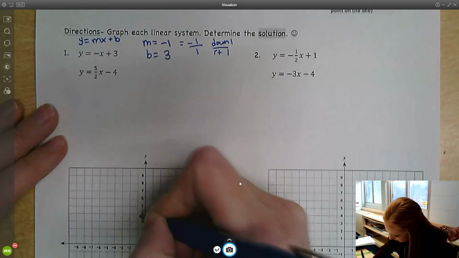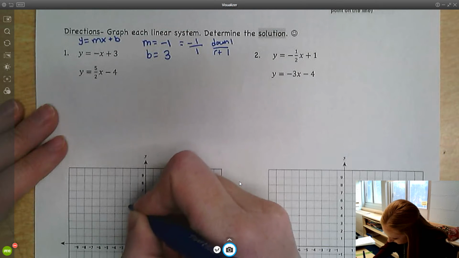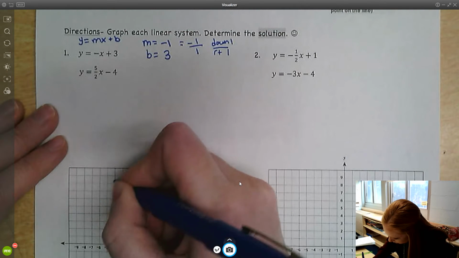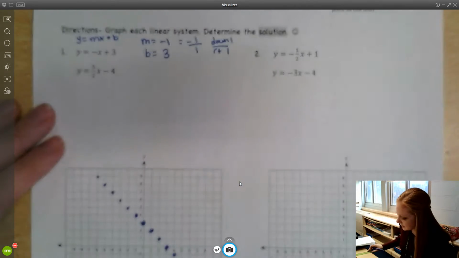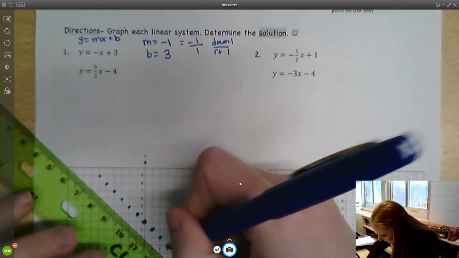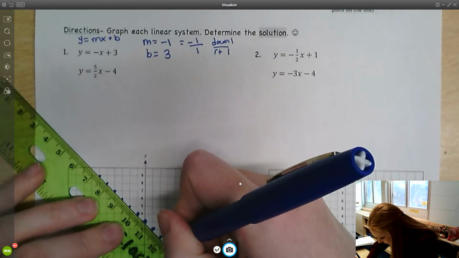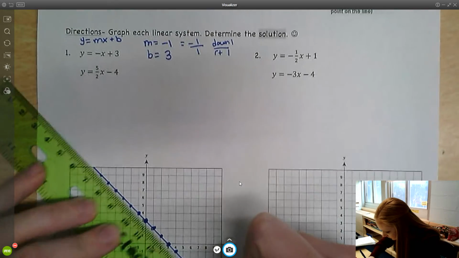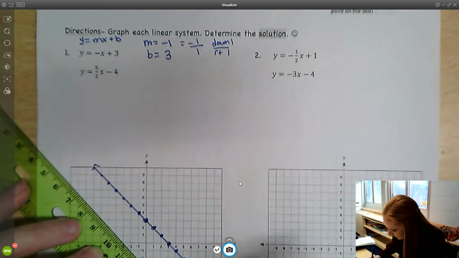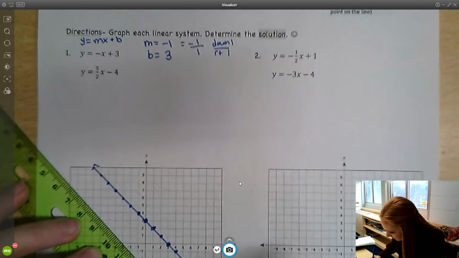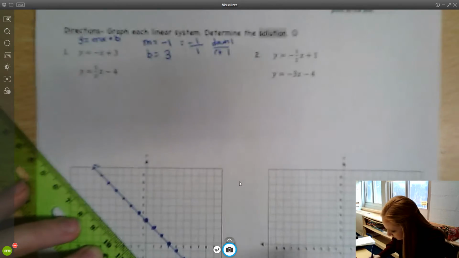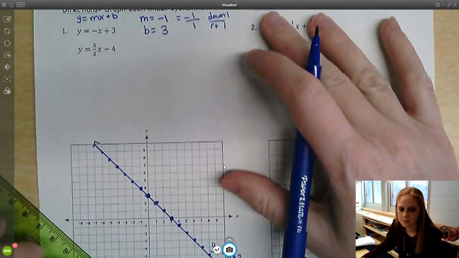You can reverse it by going up 1, left 1. Once you have enough, you can connect it and make your line. Try to label it out of the way. Y equals negative x plus 3.